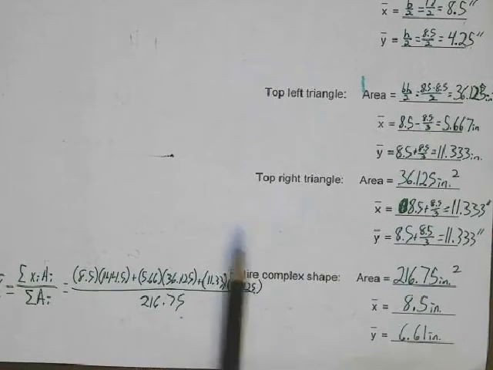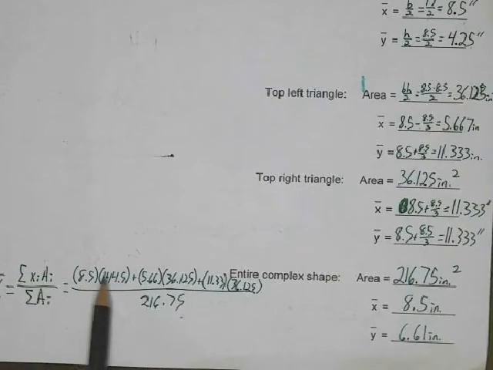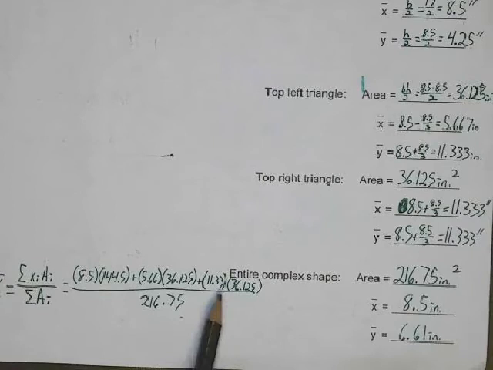You just have to be careful when you're plugging things into your calculator, multiplying things through. Just make sure you do everything in order. If I were writing this out again, I would probably write what this product is, what this product is, and what this product is, and then add those products together and divide by your 216.75.